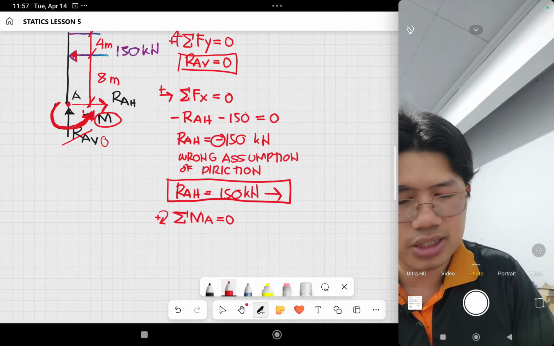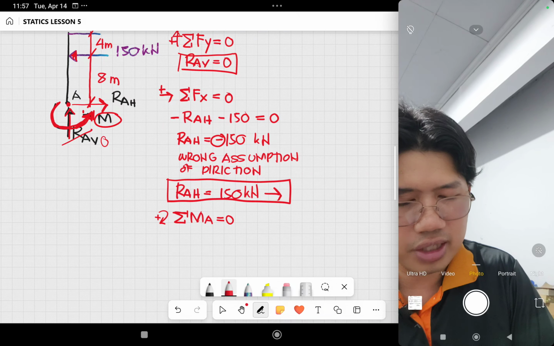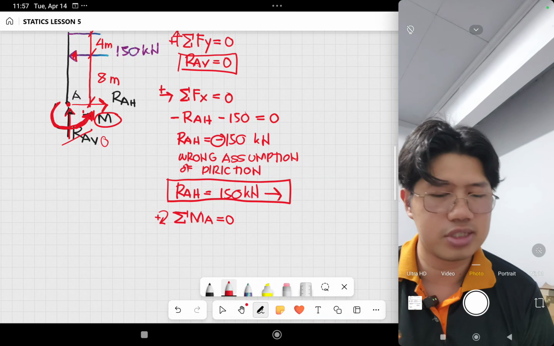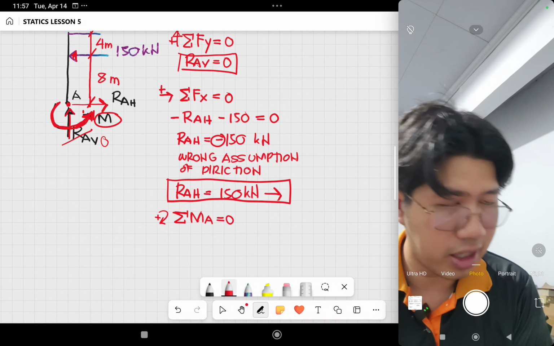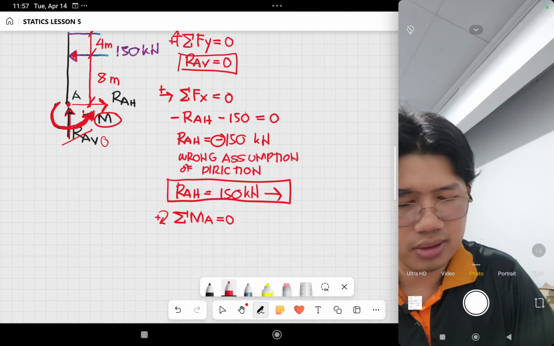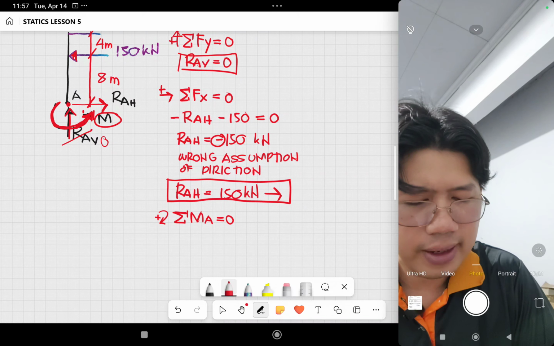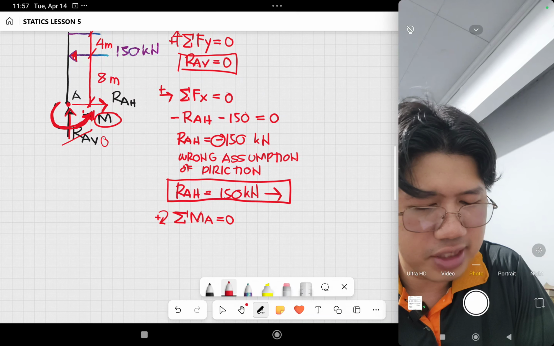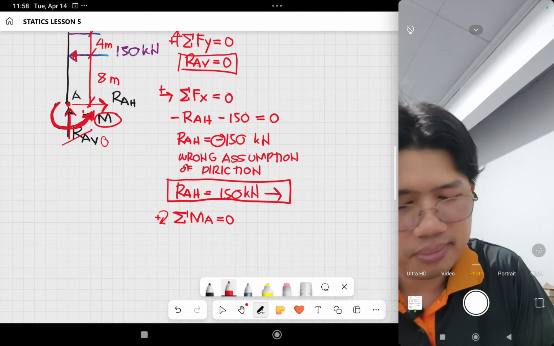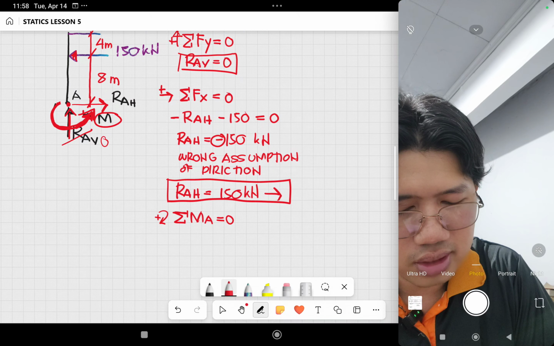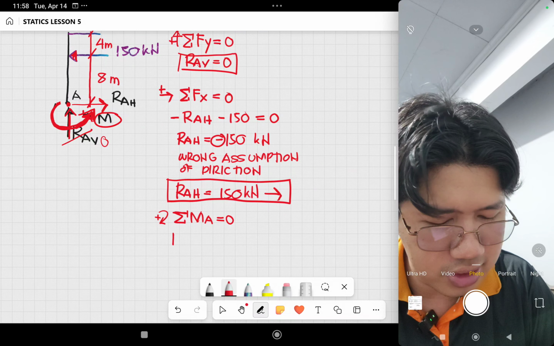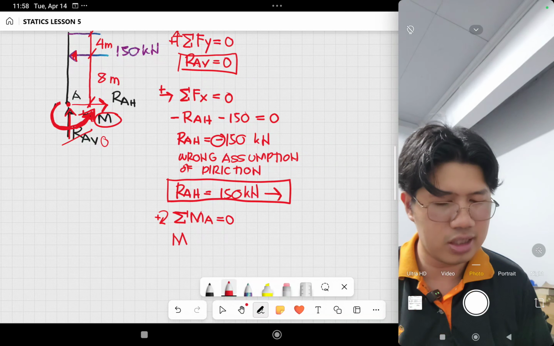Unlike si RAV and RAH, pure forces sila. Ibig sabihin, they are either vertical or horizontal or in any direction. Since they are pure forces, kapag nag-moment ka sa A, si RAV is wala siyang moment at A, si RAH is wala din siyang moment at A, pero yung moment na yan is magkakaroon pa rin siya ng effect at A. So, yun lang yung tandaan.